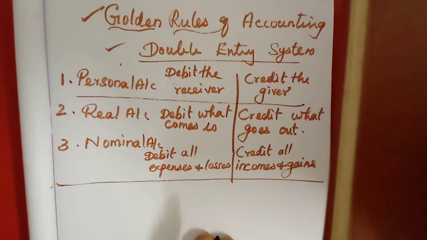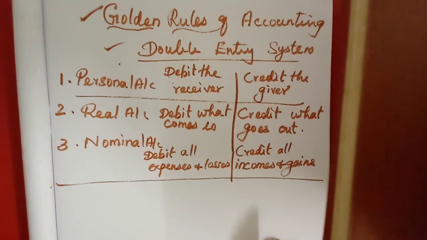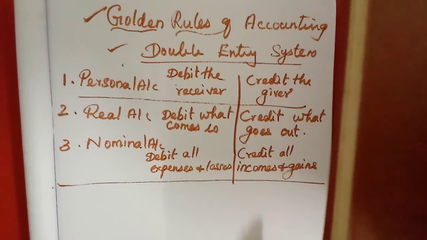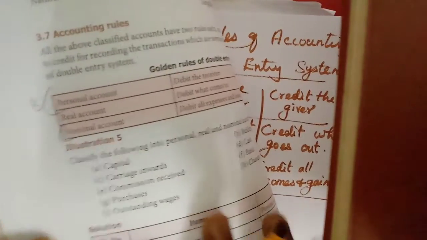In the same sense, drawings reduce the capital; it is the amount withdrawn from the business for his personal use, which is also related to a person. So that is a personal account only.